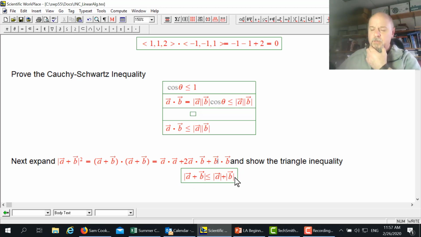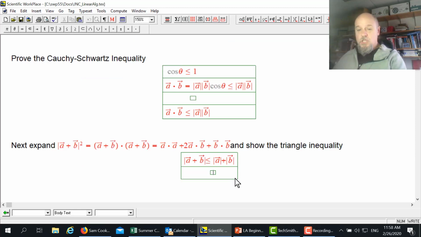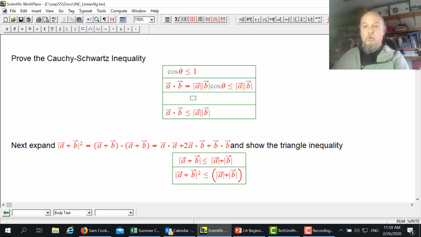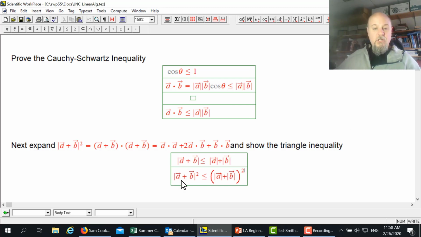I'm trying to prove this triangle inequality. Because both sides are positive here, if I could show that, if I squared both sides, this was true, then you would square root both sides and say the original triangle inequality is true.